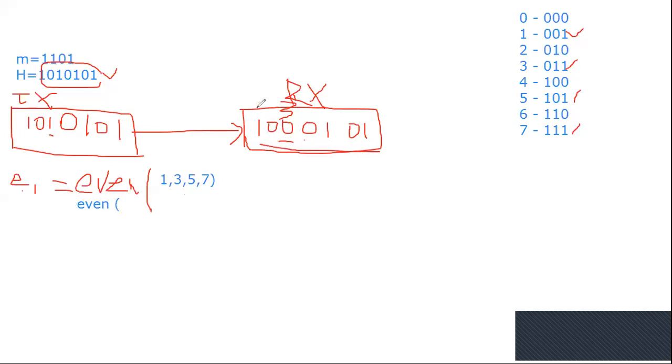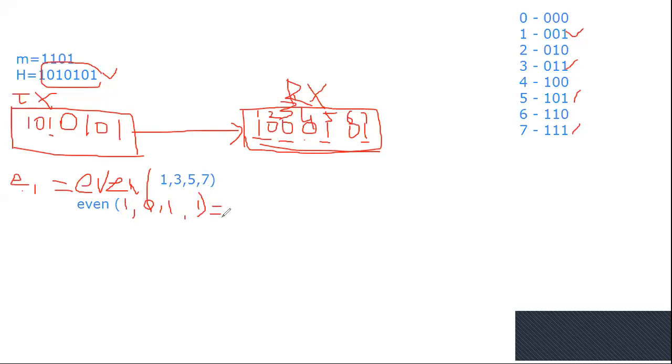Bit 1, 2, 3, 4, fourth bit, fifth bit, sixth bit, seventh bit. So at 1 3 5 7: at the first bit 1 is there, at the third bit 0 is there, at the fifth bit 1 is there, at the seventh bit 1 is there. 1 0 1 1.